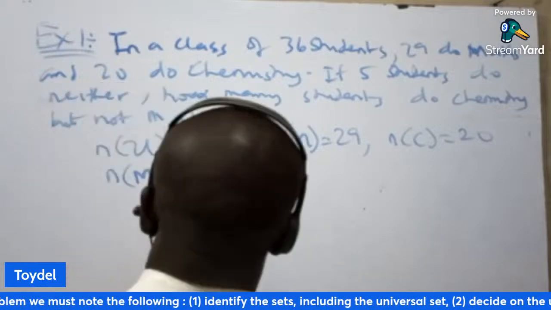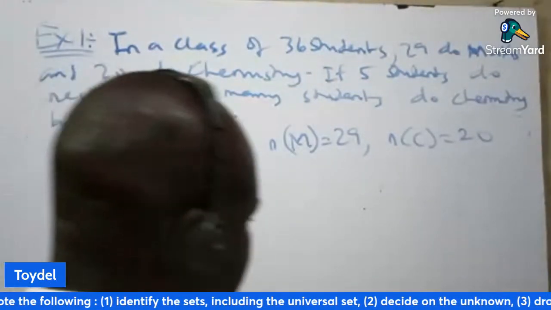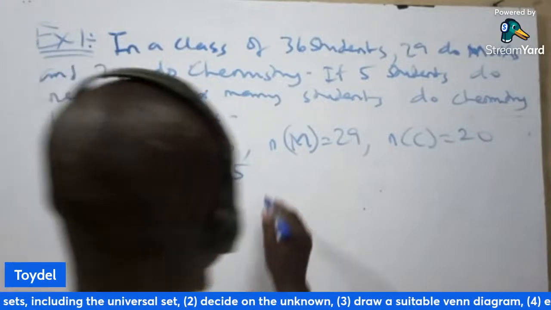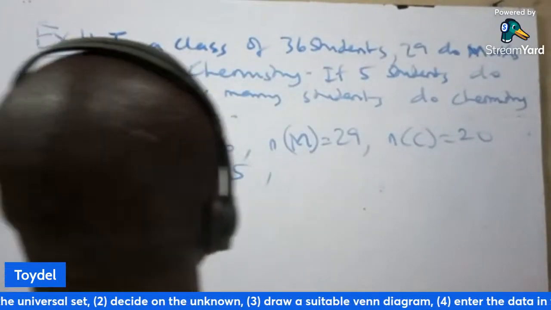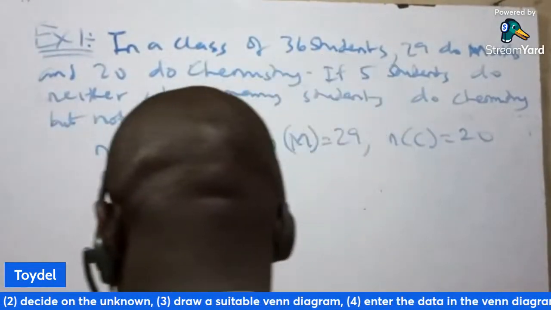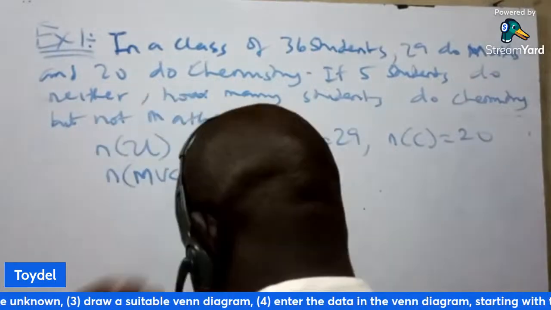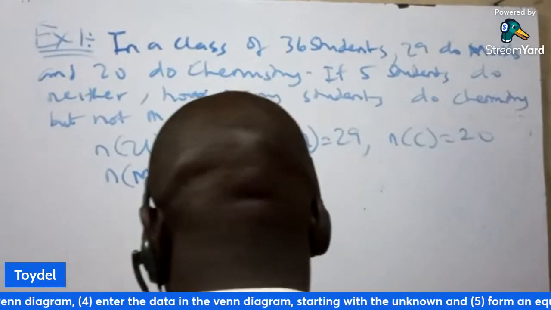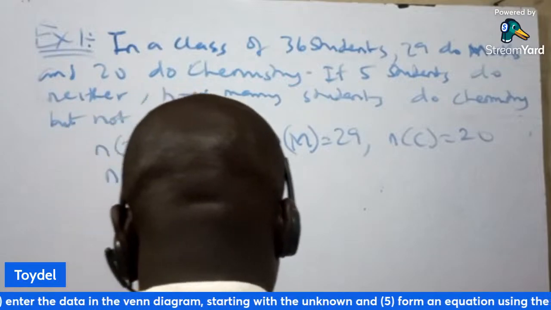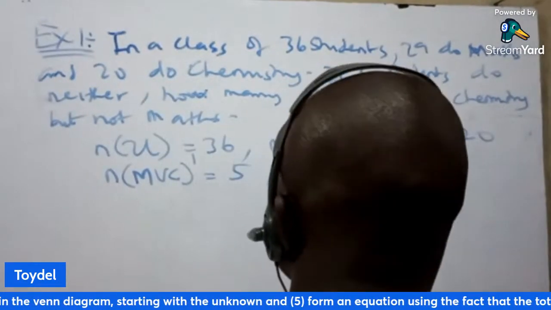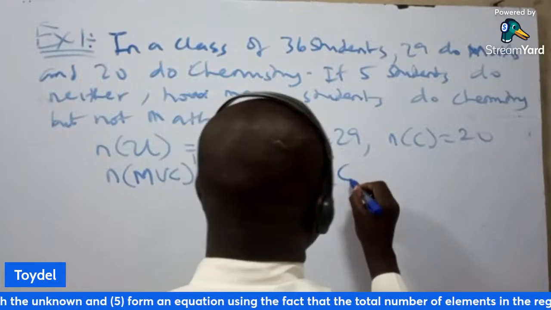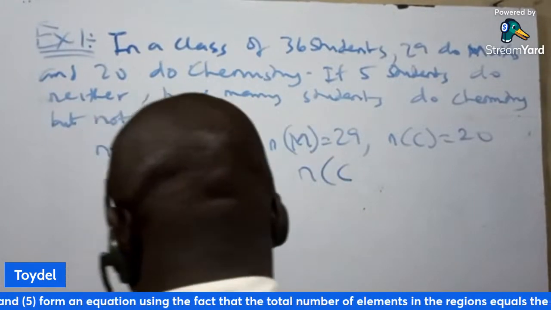It is 5. That is, 5 students did not do any of these subjects. So the question now is, how many students do chemistry but not mathematics? That is what we are about to find now.